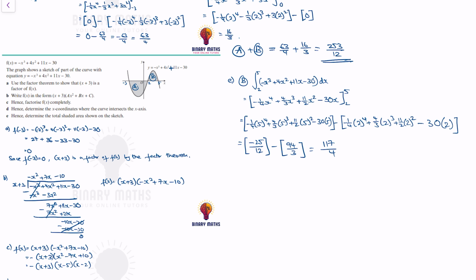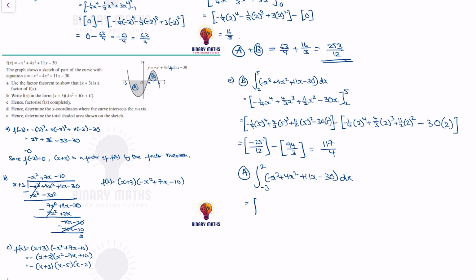Now we need to calculate A, which is below the x-axis, so we're expecting a negative answer for this one. A is the integral between 2 and minus 3 of minus x cubed plus 4x squared plus 11x minus 30 dx.